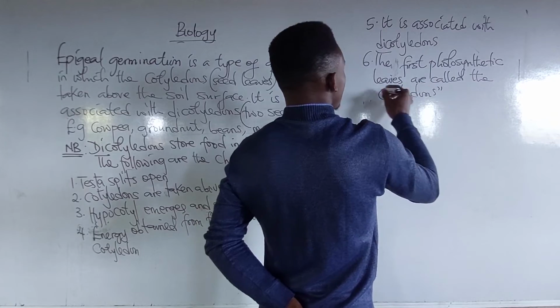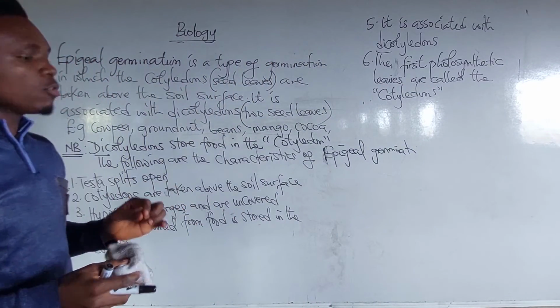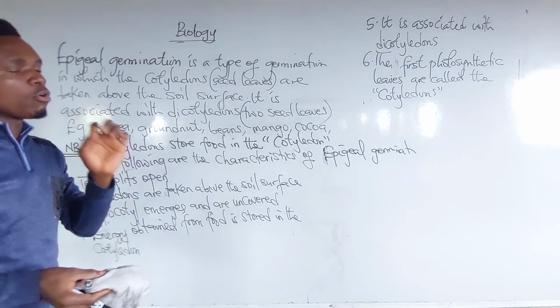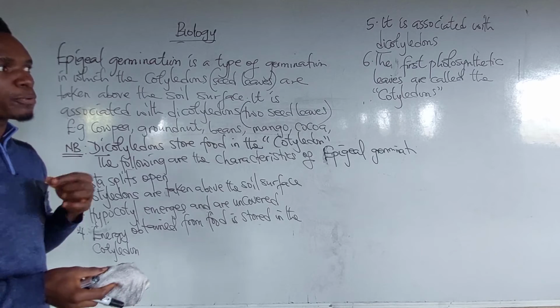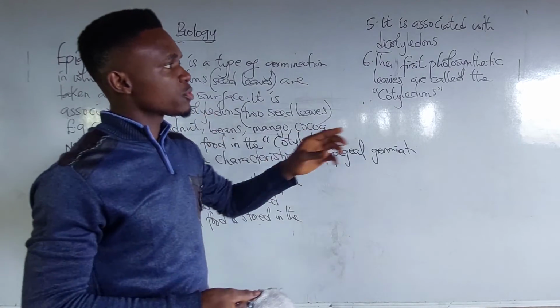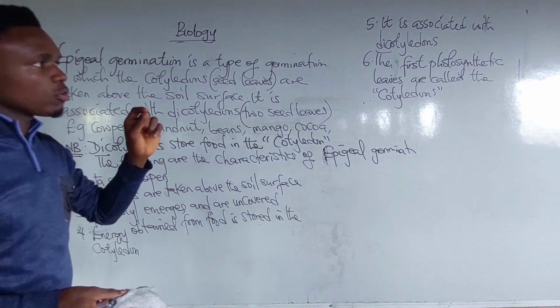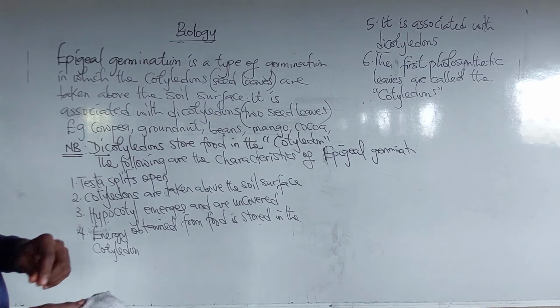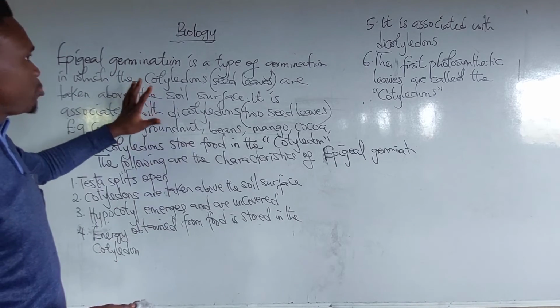All right, the first leaves that are capable of manufacturing or producing their food through a process called photosynthesis are called what? Cotyledons. So these are the features of epigeal germination.